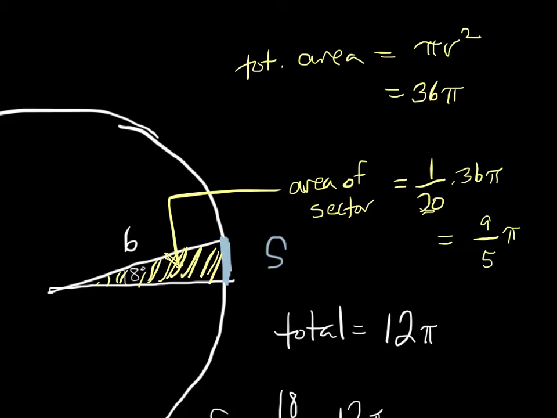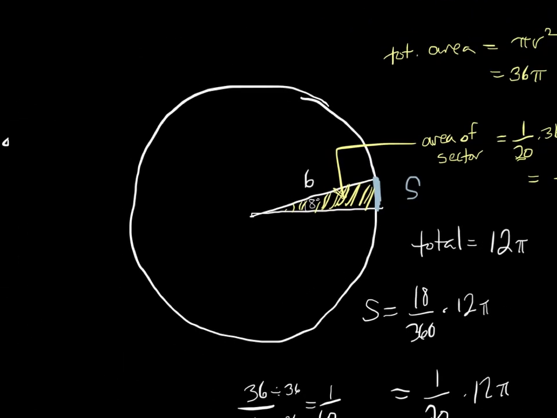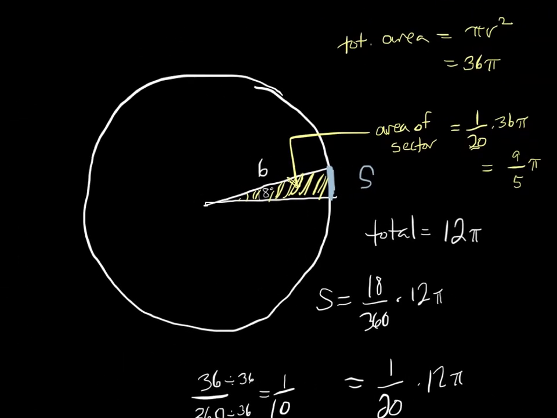Divide both by 4? Yeah. The same line of reasoning works in that the way you figure everything out about this sector right here is you take the fraction that the angle makes with 360.